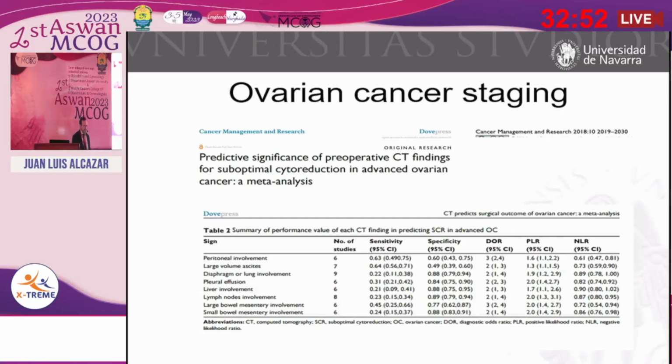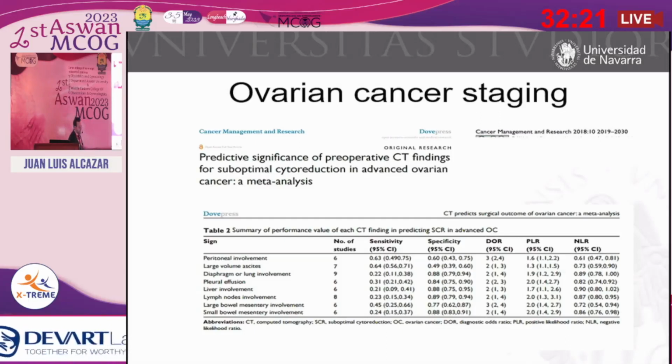However, this meta-analysis reported in 2018 made clear that the sensitivity of CT scan to diagnose the presence of disease in some specific areas, like peritoneal involvement, like the diaphragm, like the liver, like lymph nodes, and large and small bowel mesentery involvement, was pretty low.